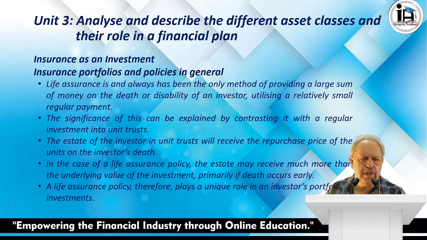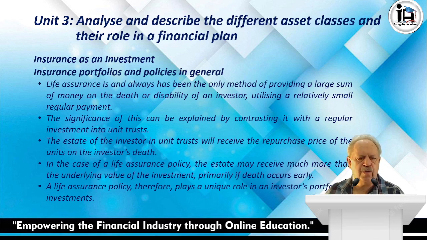Life assurance is and always has been the only method of providing a large sum of money on the death or the disability of an investor, utilizing a relatively small regular payment. The significance of this can be explained by contrasting it with a regular investment into, let's say, unit trust. The estate of the investor in unit trust will receive the repurchase price of the units on the investor's death.